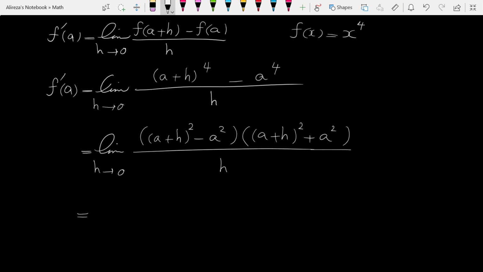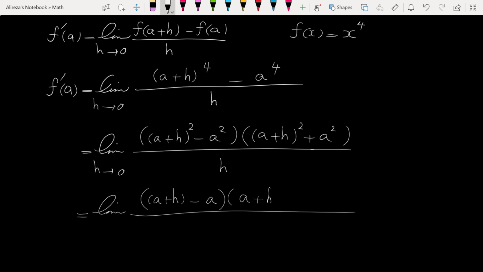Again, you can open it with the difference of squares identity, and you can write it as a plus h minus a times a plus h plus a, and keep the second bracket, a plus h to the 2 plus a to the 2, all over h.